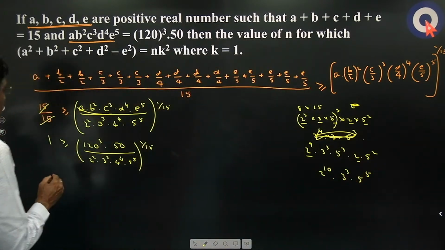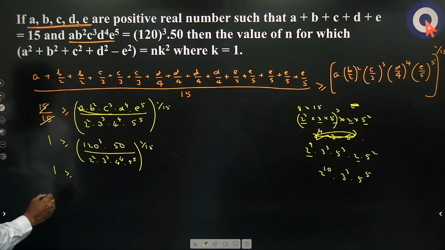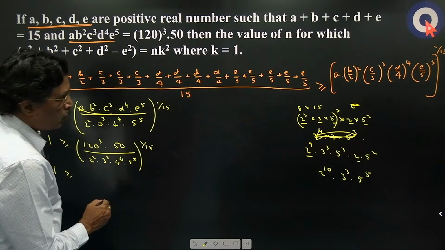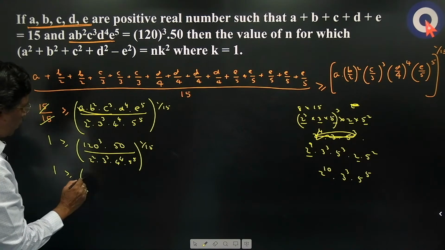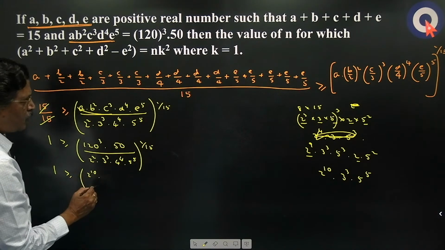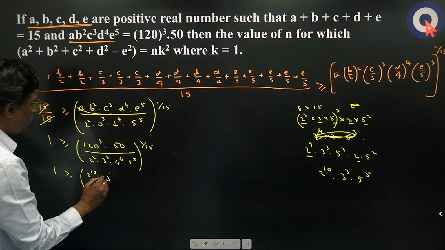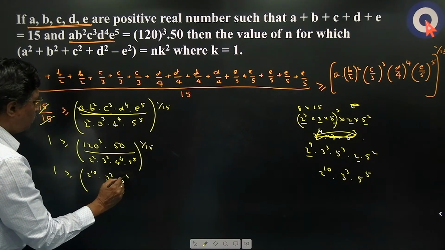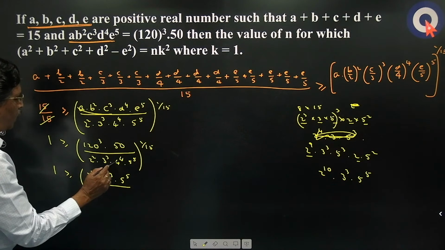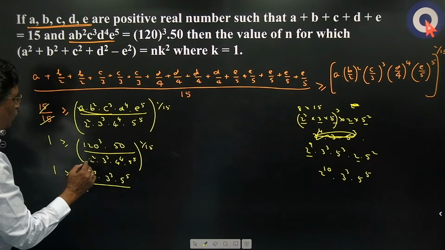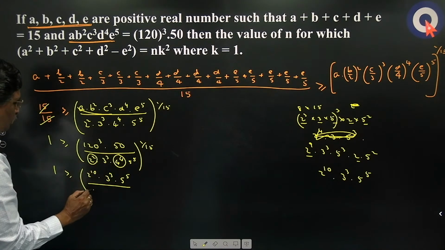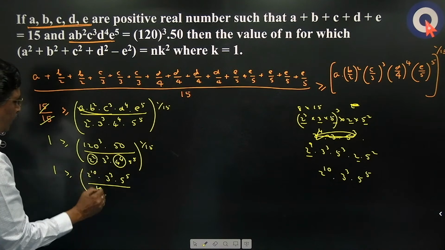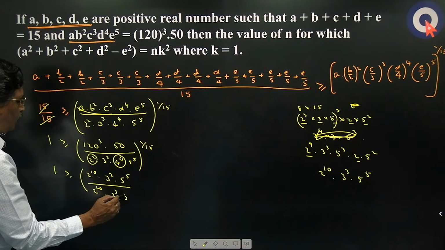So here, 1 is greater than or equal to the numerator, 2 power 10, 3 cube, 5 power 5, and I have the denominator here, 2 power 8 and 2 square. So 2 power 10 again, and here 3 cube and 5 power 5.